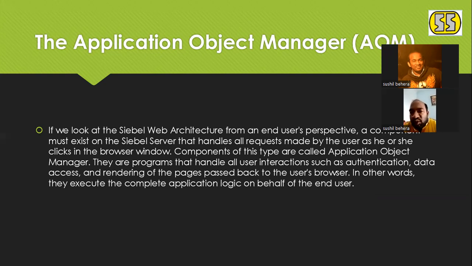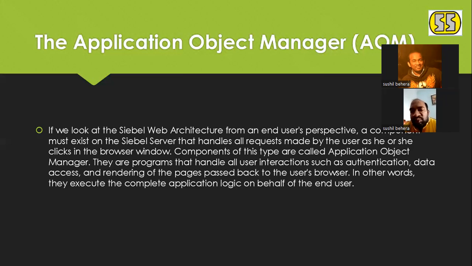Now the home page should contain a couple of things, like three applets, one view, and some data. So it is supposed to get created. Who will create it? There are other server components that help the application object manager build the home page.